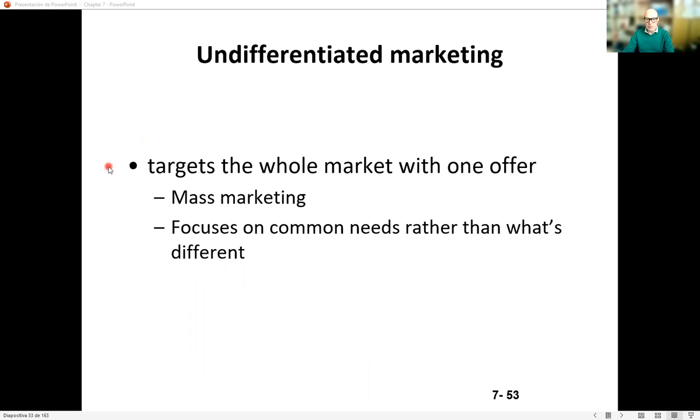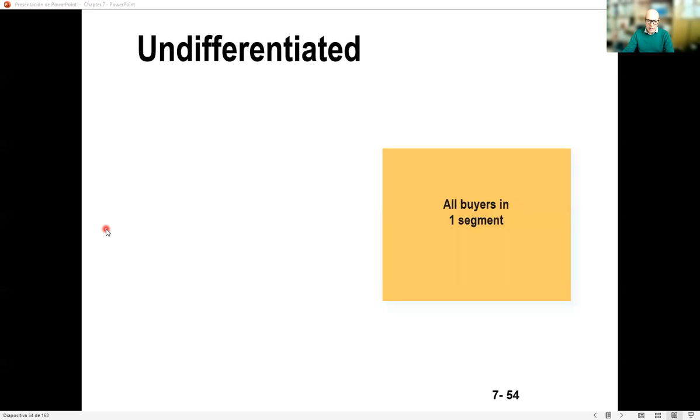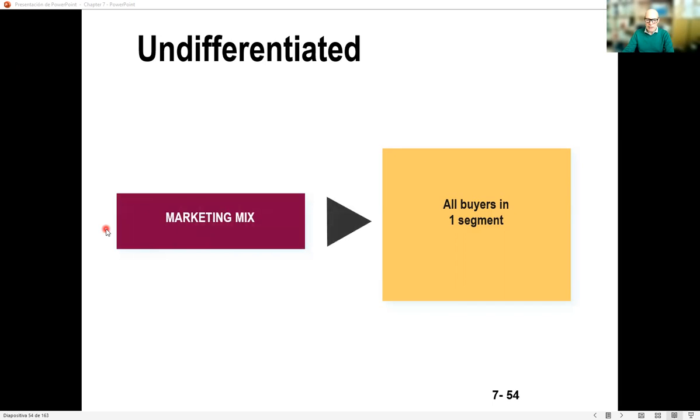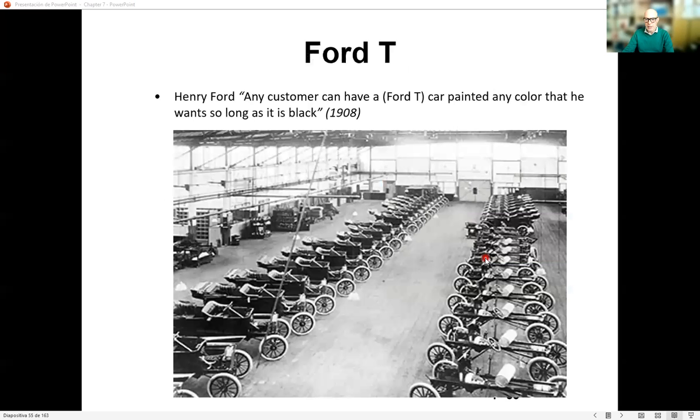This is sometimes called mass marketing and focuses on common needs rather than what is different between the segments. Graphically it would be something like this, okay? We consider that all the buyers belong to the same segment, and then we have only one market offering or one marketing mix for all these segments. It would be something like the Model T.